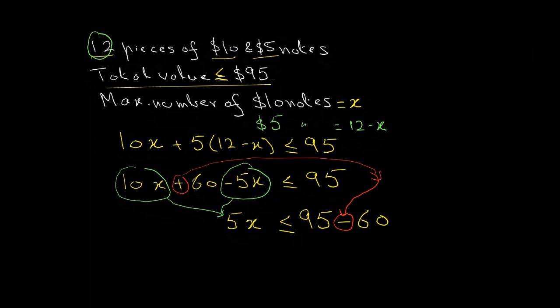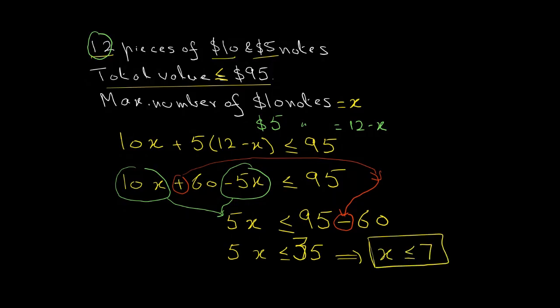That means 5x is less than or equal to 35, which implies that x is less than or equal to 7, because I've just divided both sides by 5. And if you don't like flipping signs, you can subtract 60 from both sides, and the plus 60 will get cancelled, and you'll get 95 minus 60, which is 35.